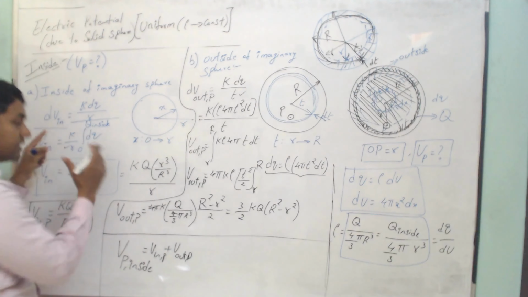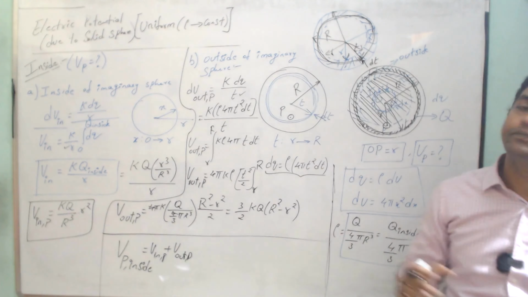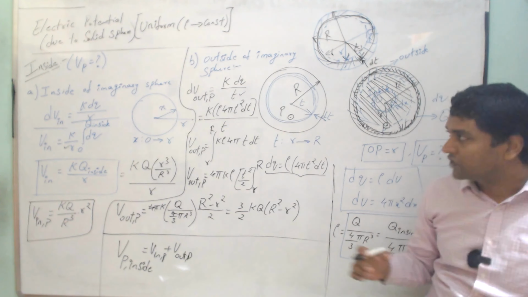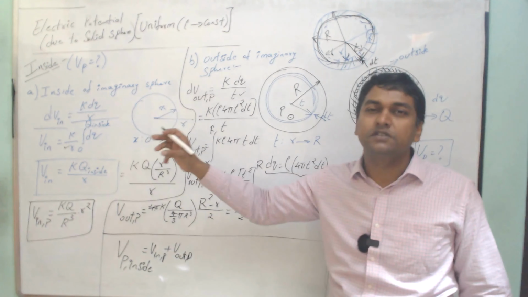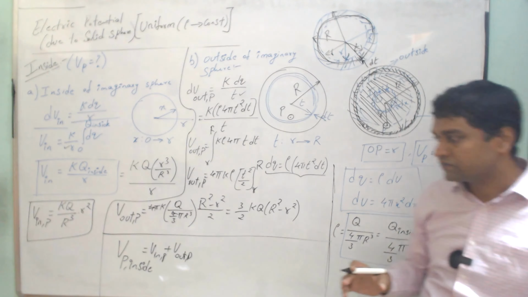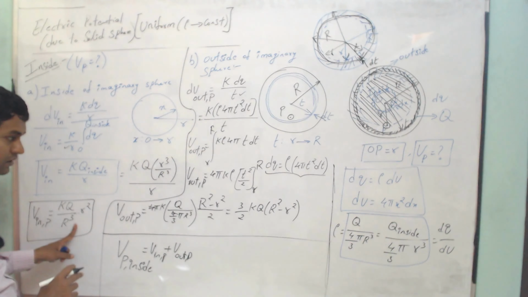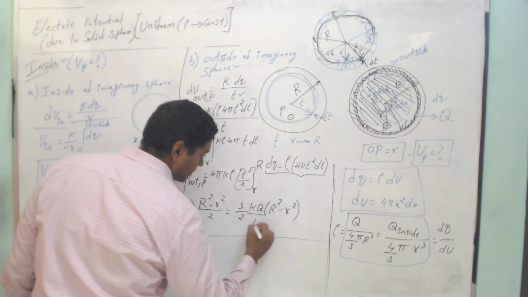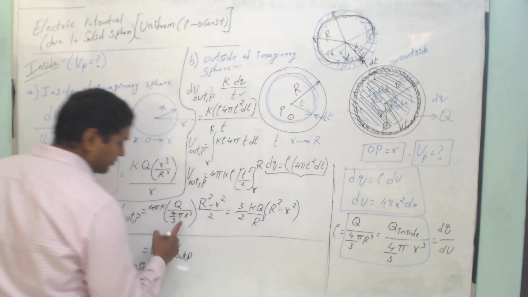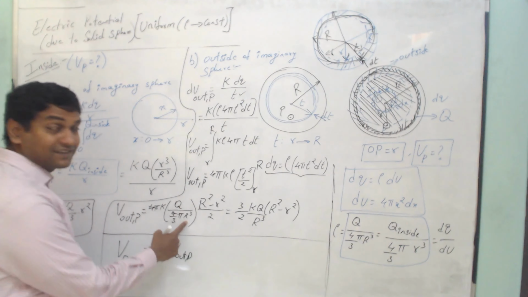This is the inside region, this is the outside region of the solid sphere. Inside the imaginary sphere, outside the imaginary sphere. That means I have to add this. There is an R cube over here.